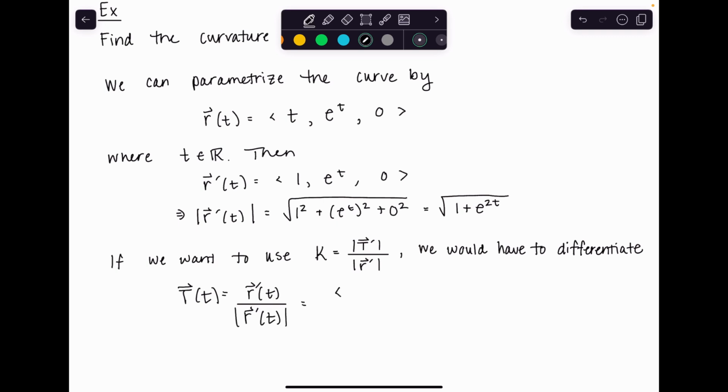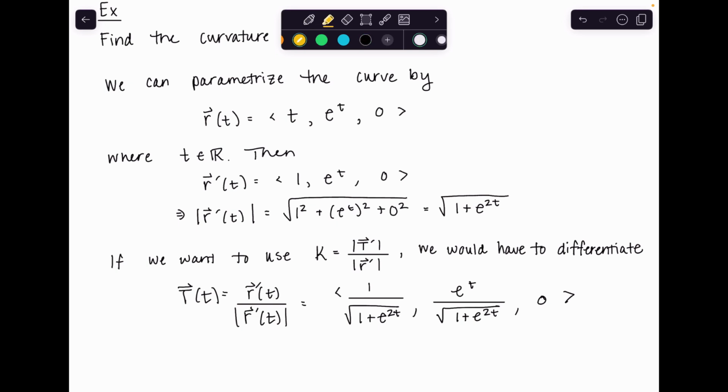And so that is 1 over the square root, and then e to the t over this square root. And then the third component is at least 0. Then I would need to find the magnitude of the derivative of this thing, and that is messy beyond belief, okay?